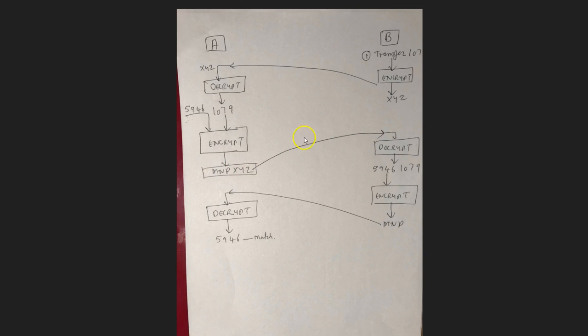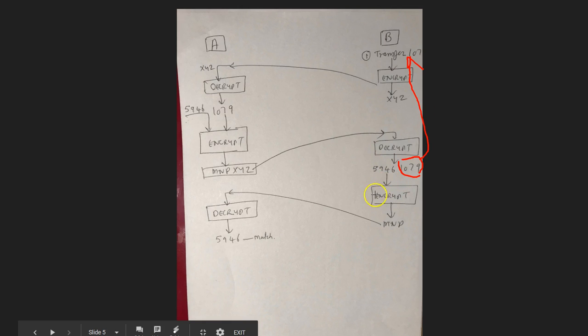It is passed on to B. B decrypts and gets back 5946 1079. B compares 1079 with its own, this part is compared, and it matches. Now B is 100% sure A has the same secret key.